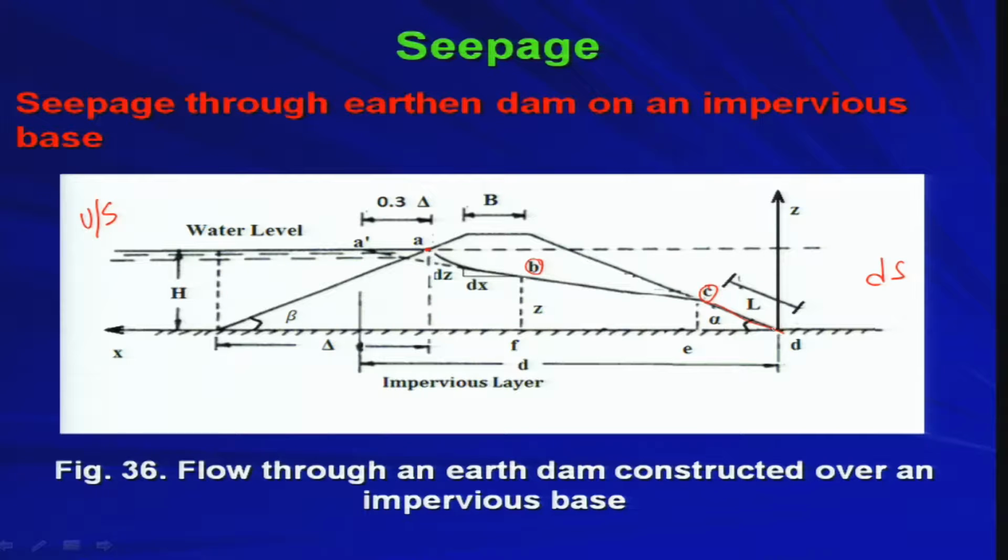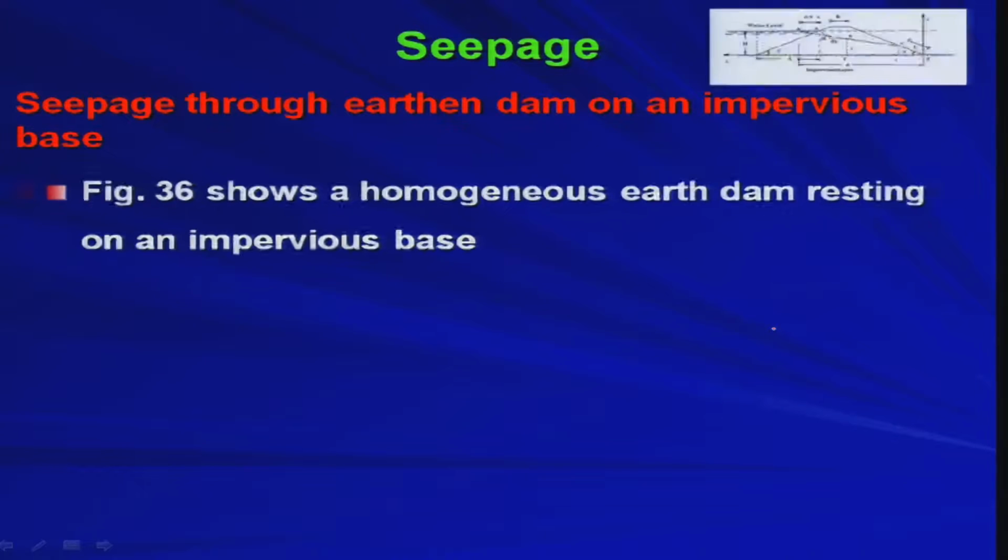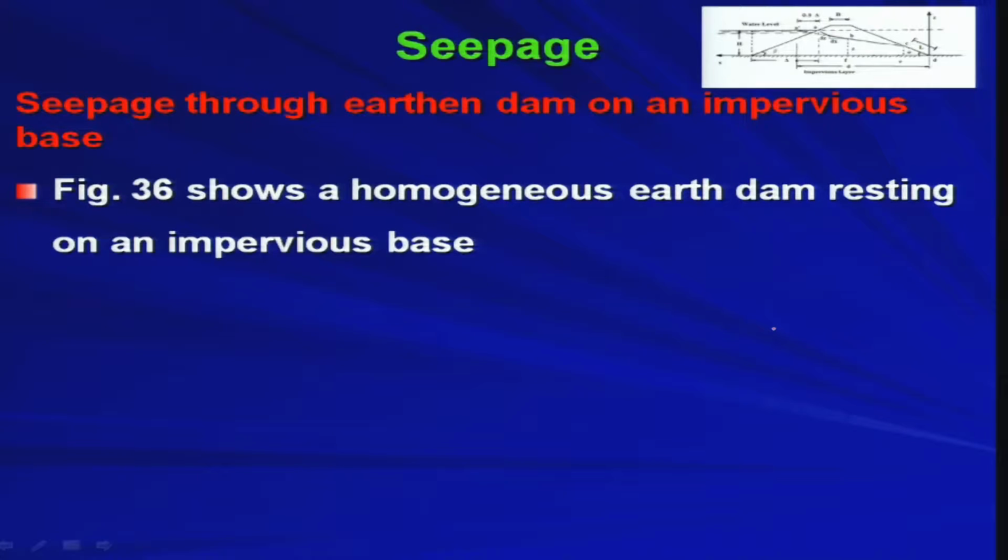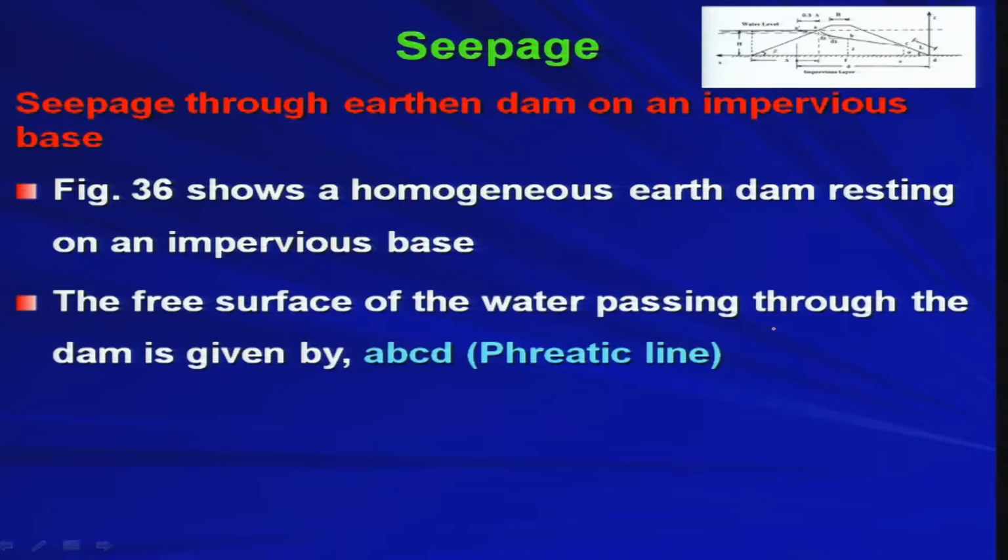But now, we are interested to find out the seepage through the earthen dam. Let us find out how we can find out the seepage. The figure I have shown you just now shows a homogeneous earth dam resting on an impervious layer, as I told you. The free surface of the water passing through the dam is given by A, B, C, D, and that is known as a very, very important term, the phreatic line.